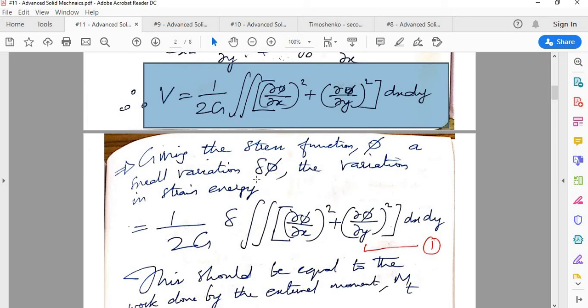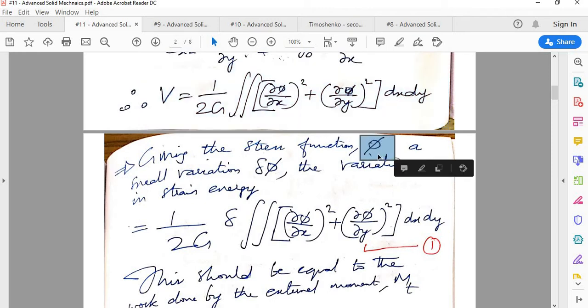Now, similar to the principle of virtual work, let us give a small variation in the stress function, which is compatible with the boundary conditions. So phi is the original stress function, and you give a small variation, a virtual variation.